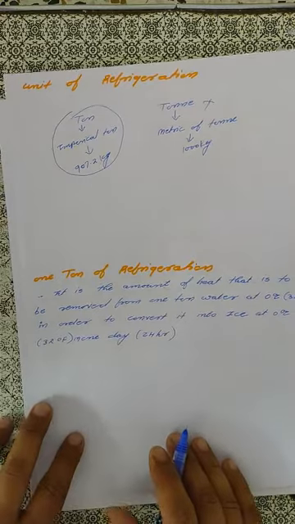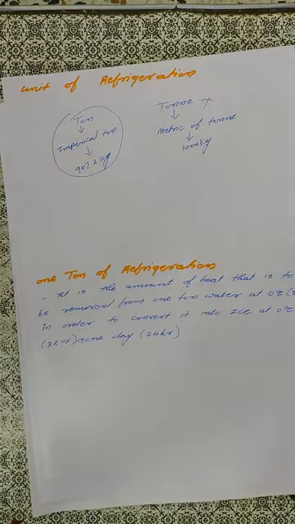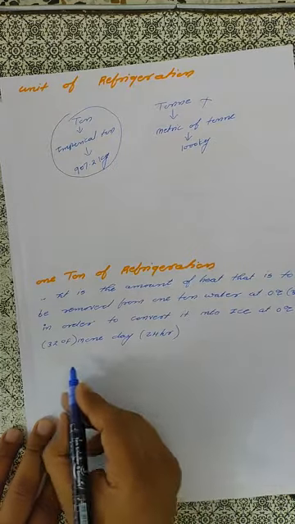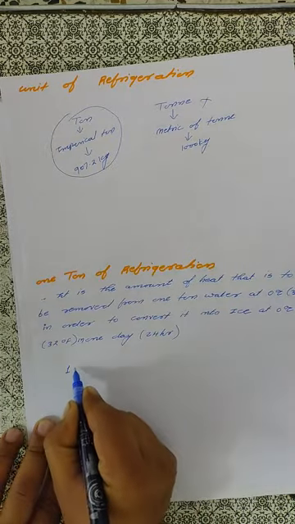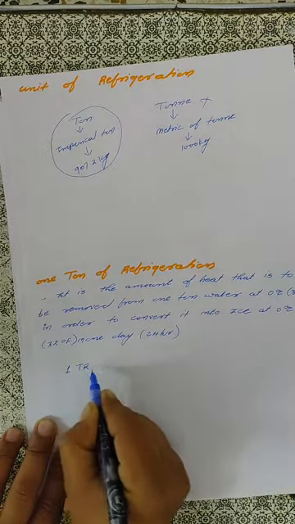Okay, it means you have kept water at 0 degree Celsius, wait for 24 hours, and that water is converted into ice at the same temperature. It is denoted by 1 TR.